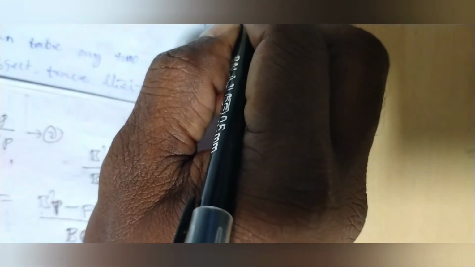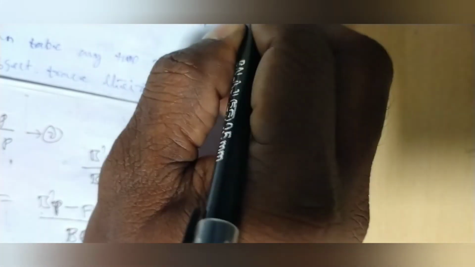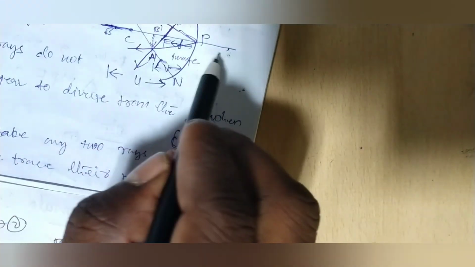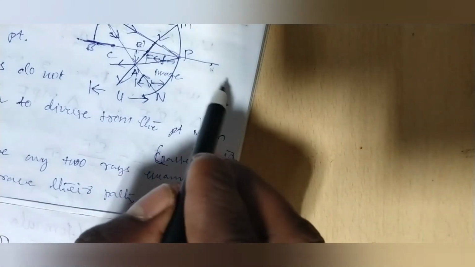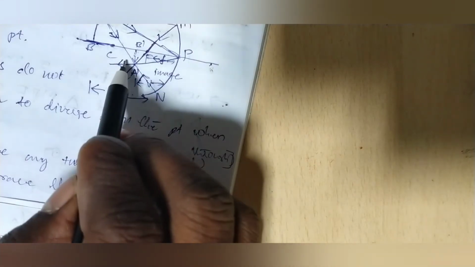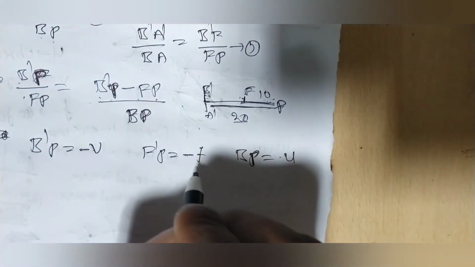Suppose the image is formed in the forward direction, we can take the positive, but the image is formed in the opposite direction, so we take the negative, that is f is negative.